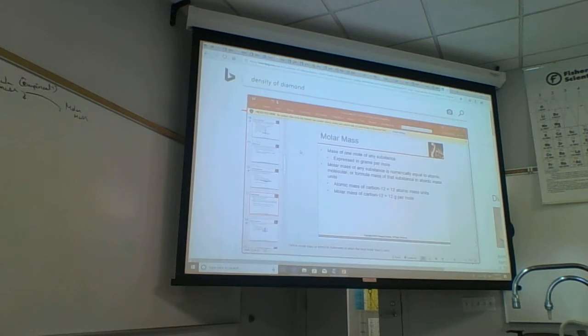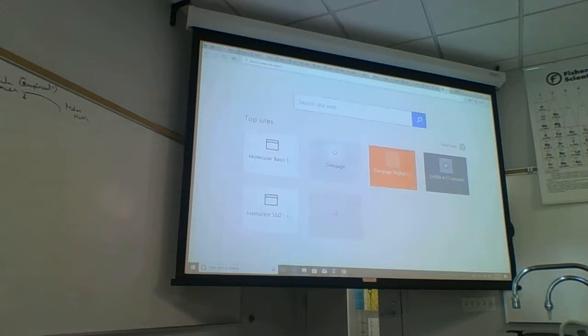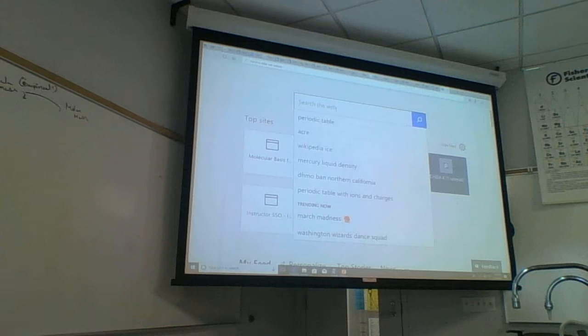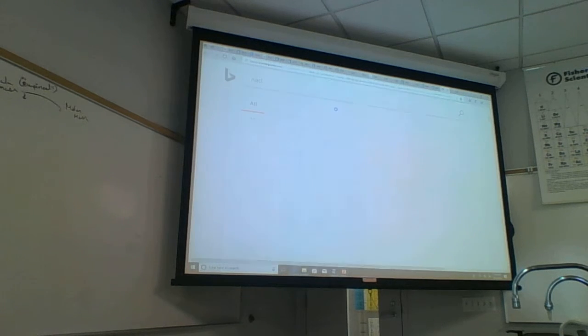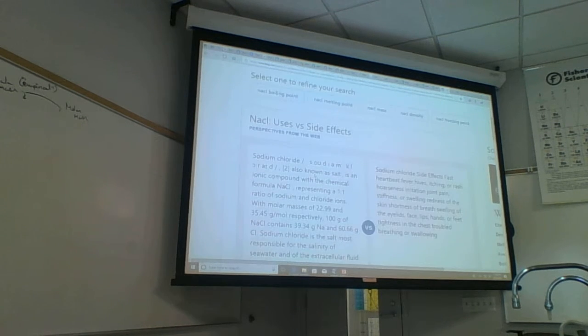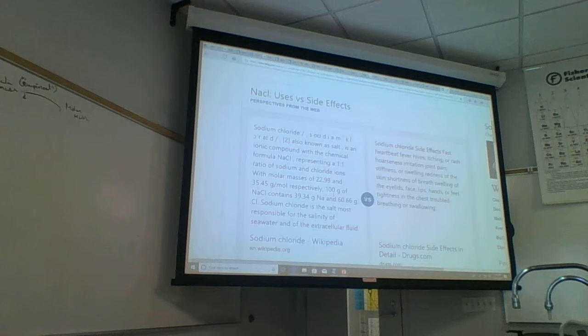Now, this is a very common number. And so these numbers you find in tables. They're easy to calculate too. But if we go to NaCl and look at Wikipedia, we'll have it here.